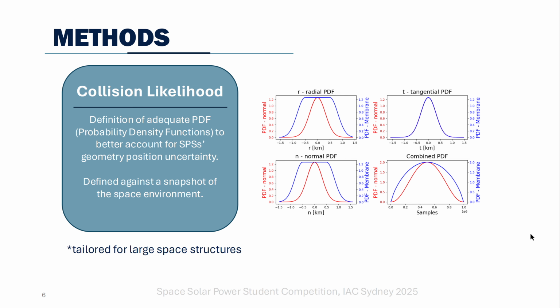So here we analyze all the main blocks we have seen before in more detail, just to give a better understanding of how the models actually work. The first one is the collision likelihood module.